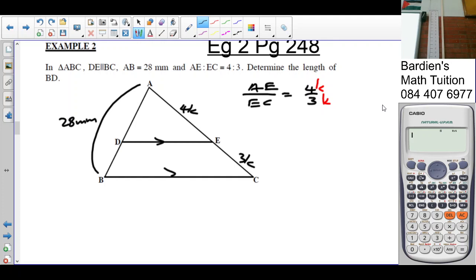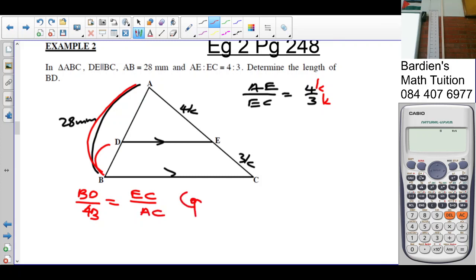And we say the length of AC is going to be 7K. Then the question says determine the length of BD. So I say BD over AB is equal to EC over AC.